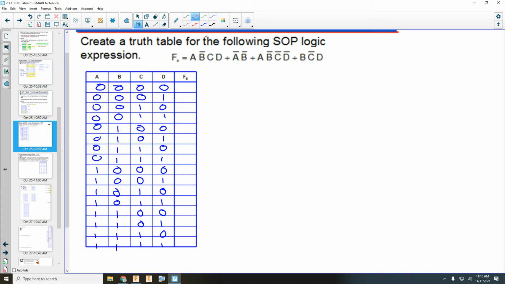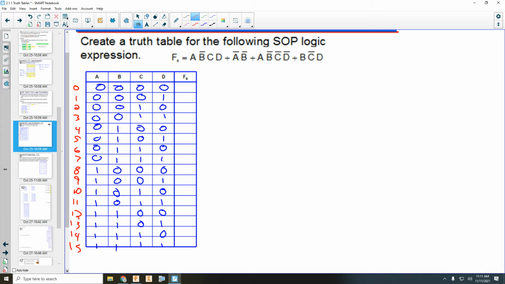And remember, what is this? This is decimal number 0, 1, 2, 3, 4, 5, 6, 7, 8, 9, 10, 11, 12, 13, 14, and 15. Okay?